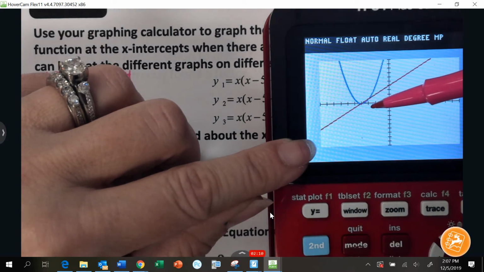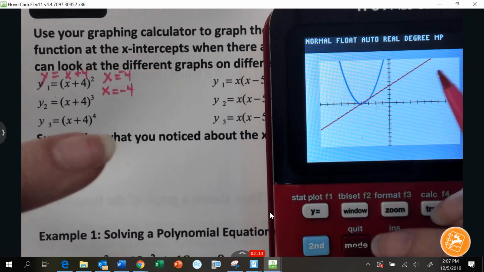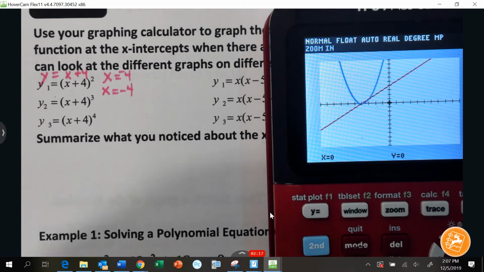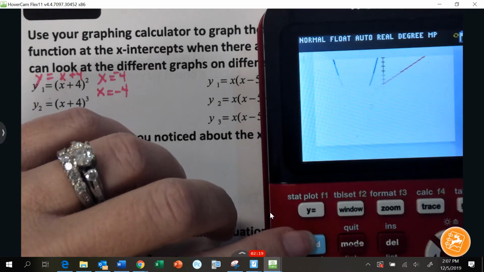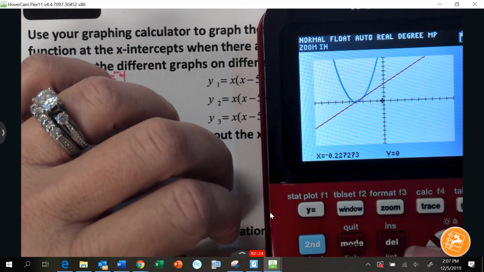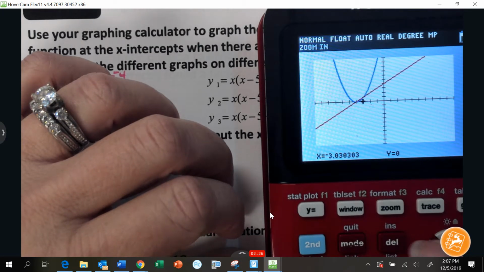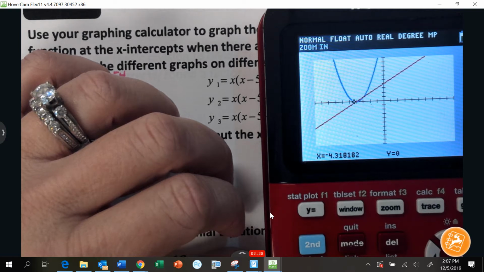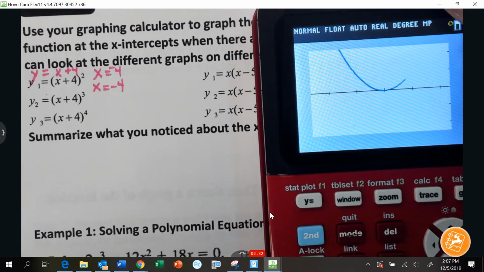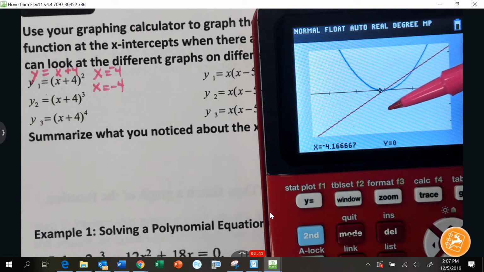If you look really, really close to -4, which you don't have to do, you can just look at mine, I'll do it. So I don't want to answer a million questions right now. If I look really close to -4, if I look at the red line, at -4, it's a line.